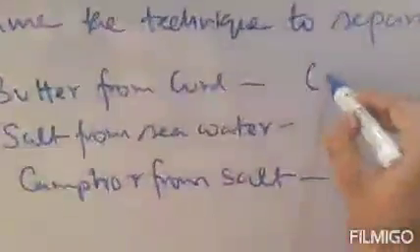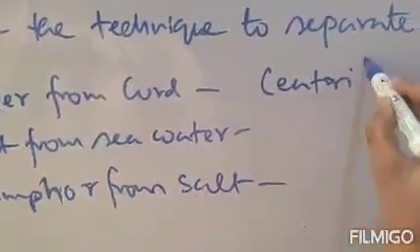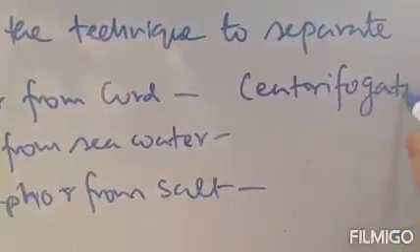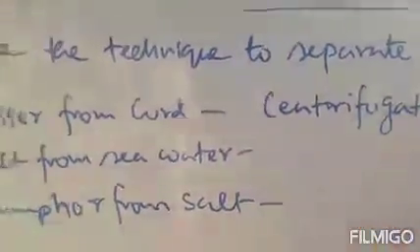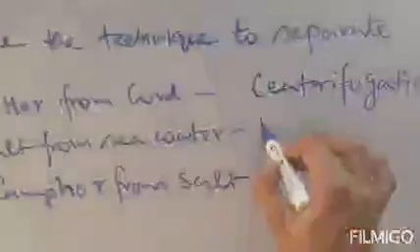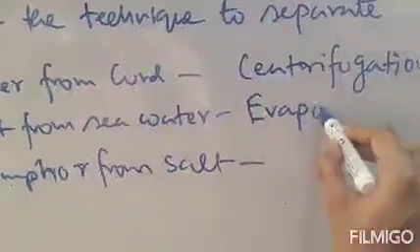Butter from curd is actually separated by centrifugation. The technique name is centrifugation. Clear? Next, salt from seawater. This is easy. This is separated by evaporation.